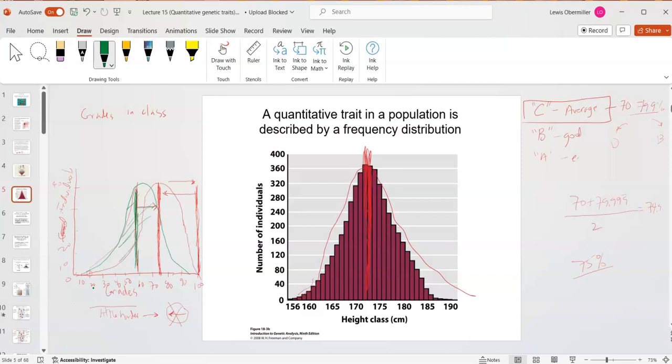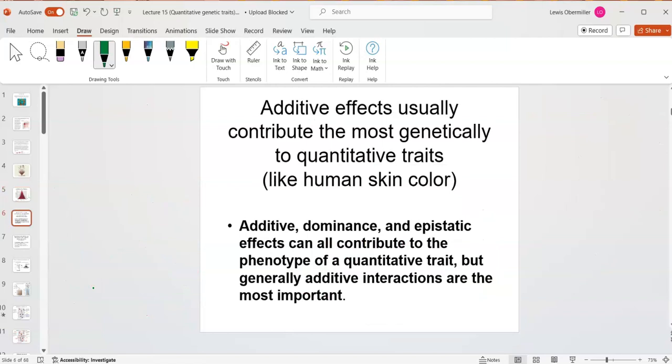Curving the class means fitting the observed to the original, expected average, and not only average but distribution, right? So we're going to look at how this is distributed. What is the steepness of this curve? Is it more like this? Is it more like that? And so statistically we're going to look at this stuff.